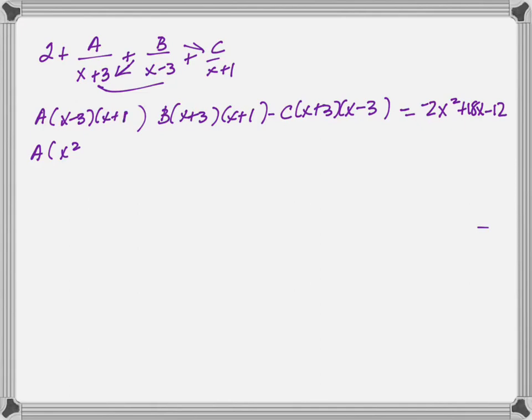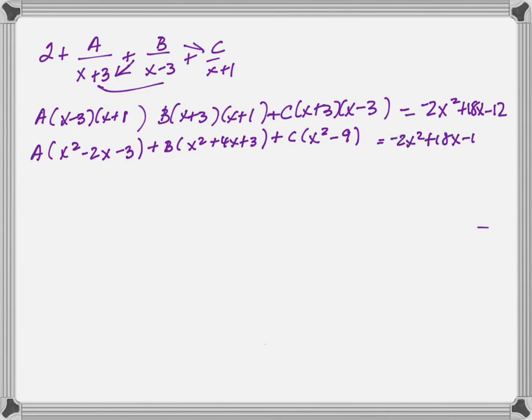So x squared plus x minus 3x would be minus 2x minus 3. And the b would need x squared plus 4x plus 3. And then this is plus c. C would be x squared minus 9. And that's equal to negative 2x squared plus 18x minus 12.